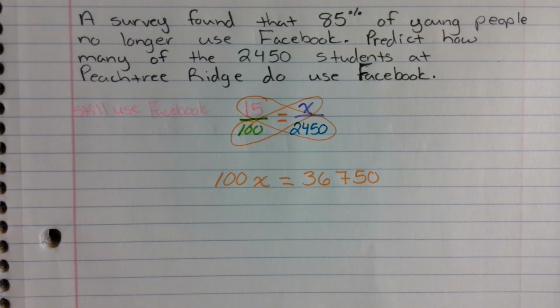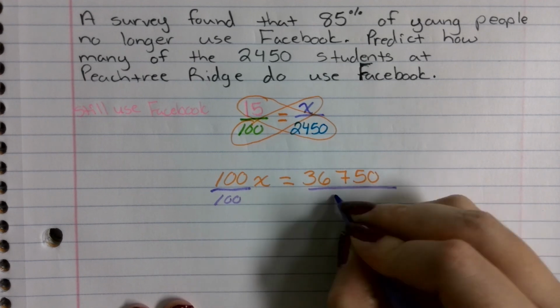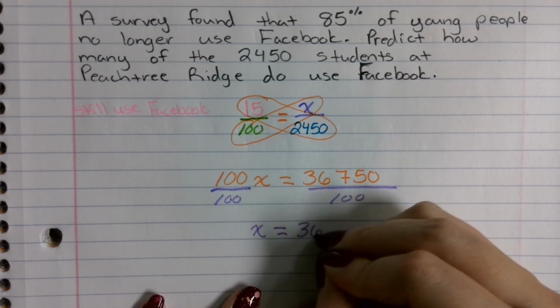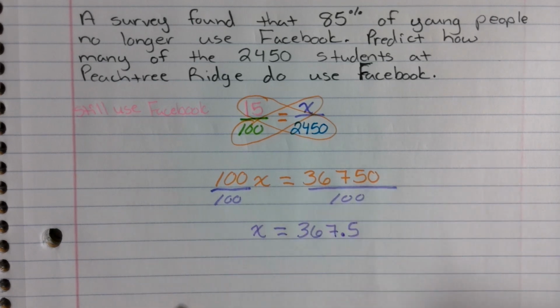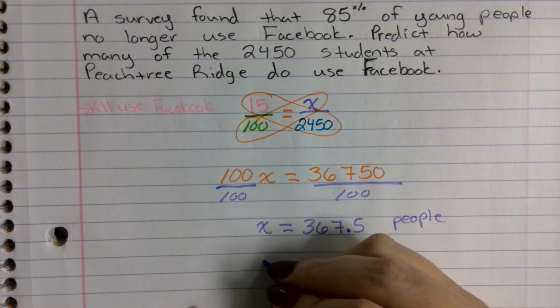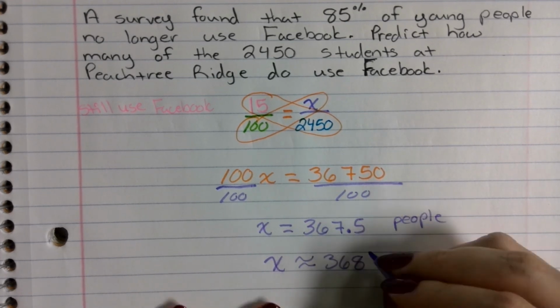But then when we divide by 100, again, because you're going to have to round, you're going to get that x is equal to 367.5, but you're talking about people, so you have to estimate it. So x is approximately 368 people.